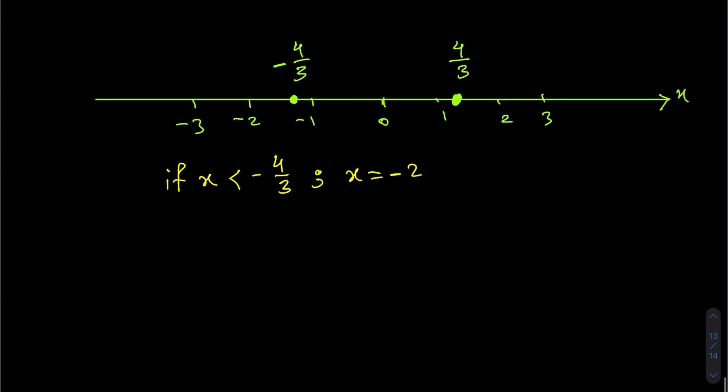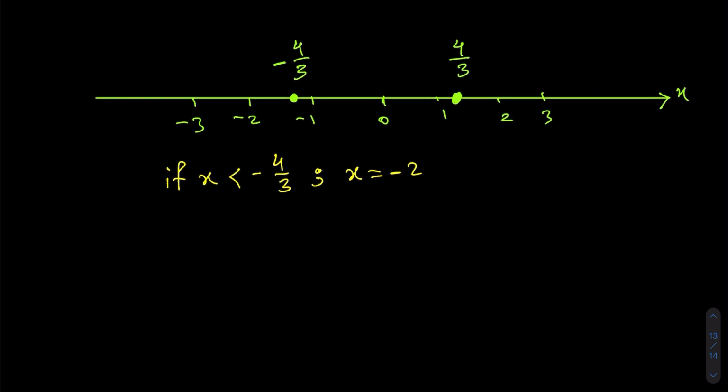So the original equation, I will write it again: the absolute value of 3x plus 2, plus the absolute value of 3x minus 2, should be less than or equal to 8.